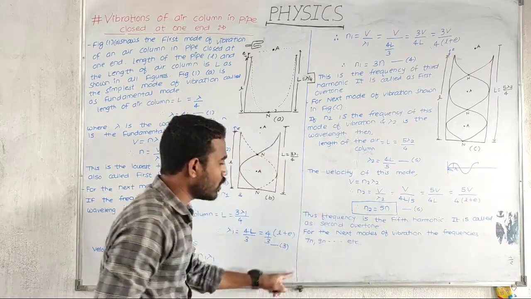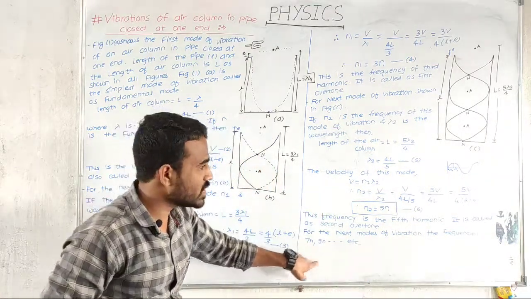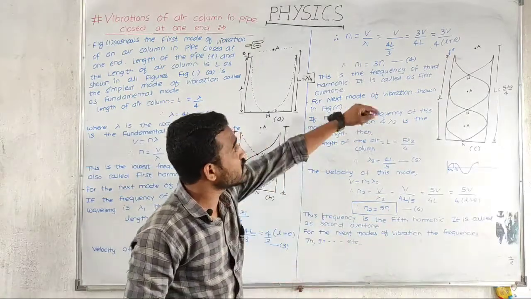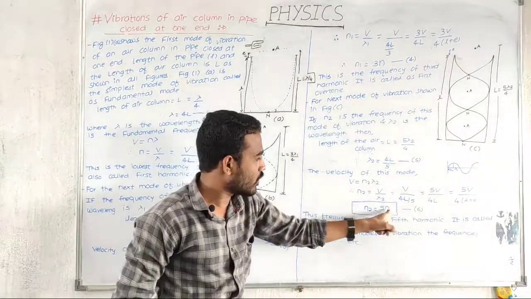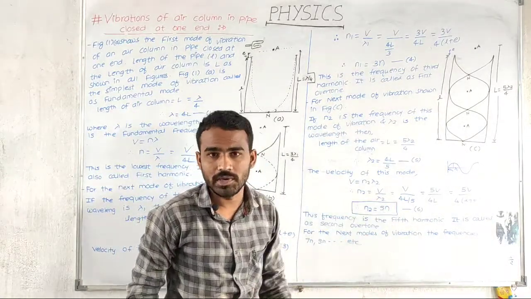Here only odd harmonics are present: 1, 3, 5, 7, 9, which means odd harmonics.